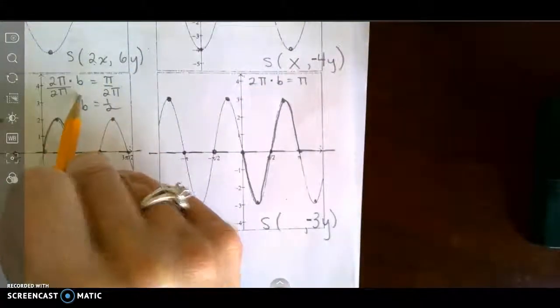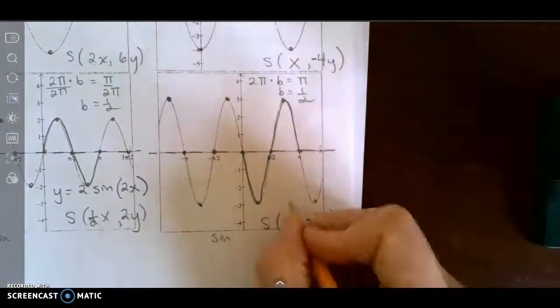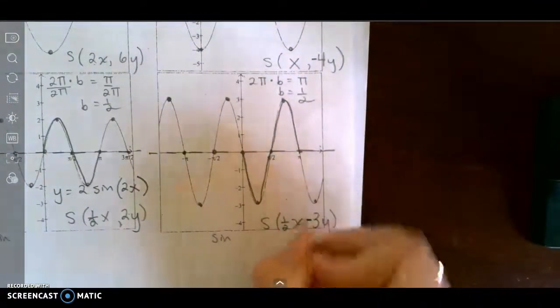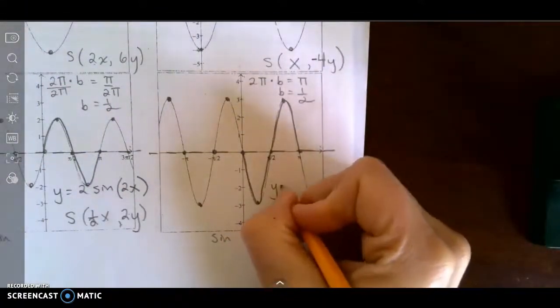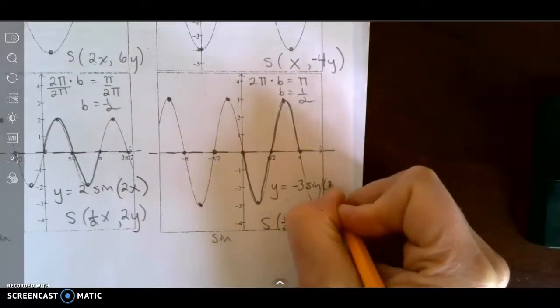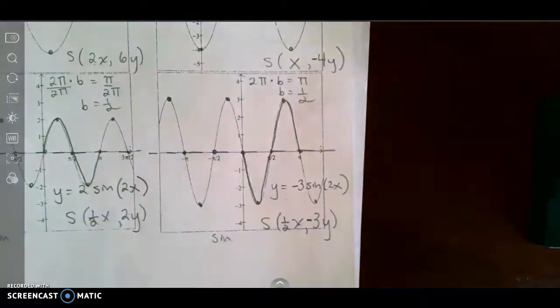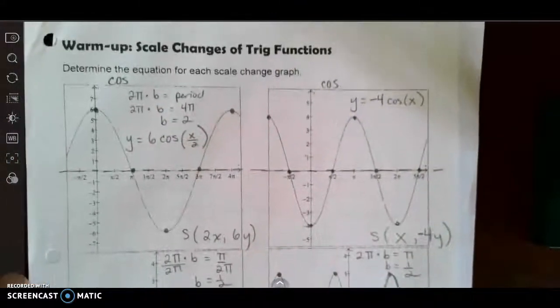Same thing as I had over here, so b is 1/2. Therefore, my equation is y equals negative 3 times the sine of 2x. That's my drill for scale changes of trig functions.